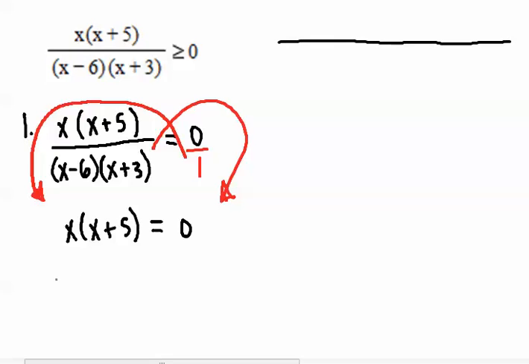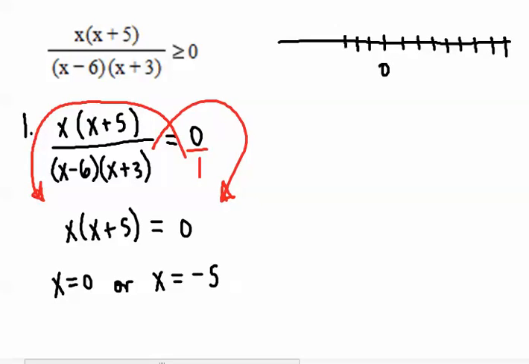So they're equal when x is equal to 0 itself, or when x is equal to what? Negative 5. Good call. So I'm going to start imagining the number line right here. And I've got 0 and 1, 2, 3, 4, 5, negative 5.